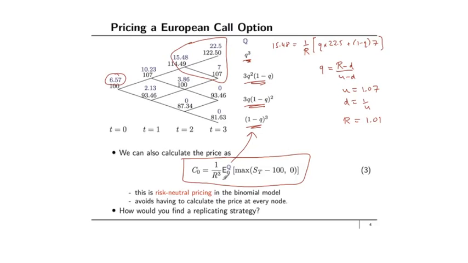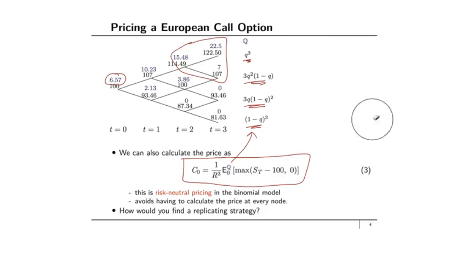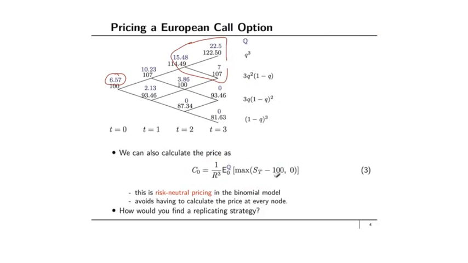So for example, let's create some space here. Suppose I want to compute a derivative security which has payoffs, let's call it C of 122.5. So this is the underlying security price at this node.